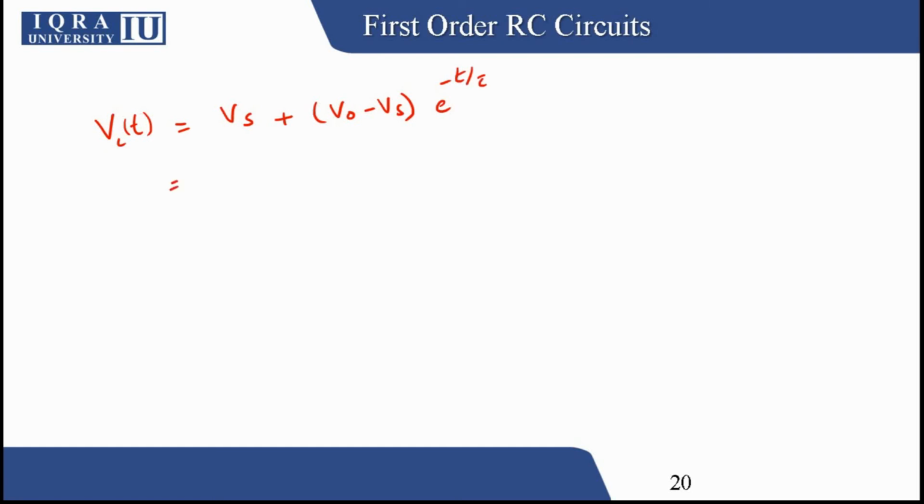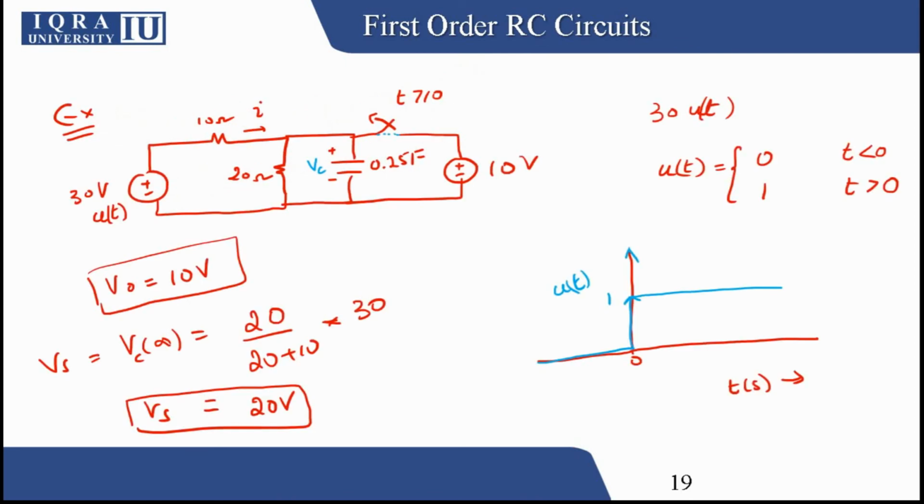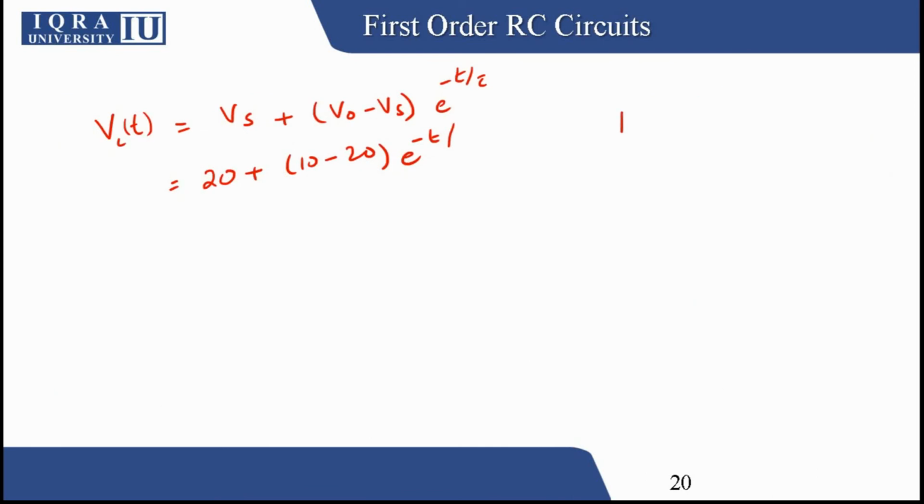In this scenario Vs is 20, V naught is 10, so 10 minus 20, e to the minus t over tau. And for tau, what is R? To calculate R, we need to use Thevenin. So we need to short the supply; we have one resistance here, and we have the capacitor at this point.